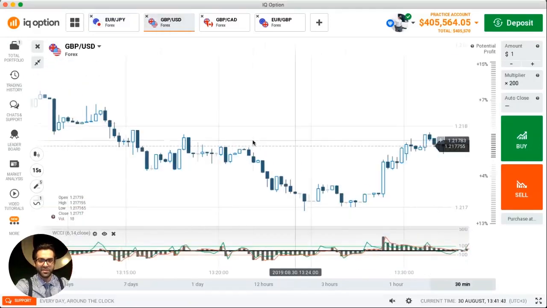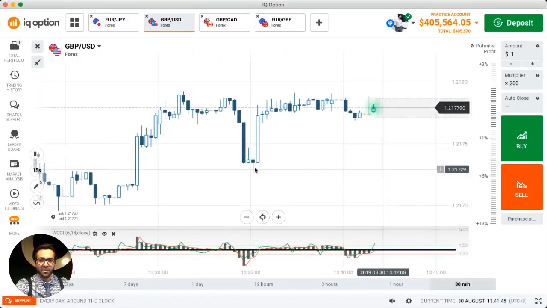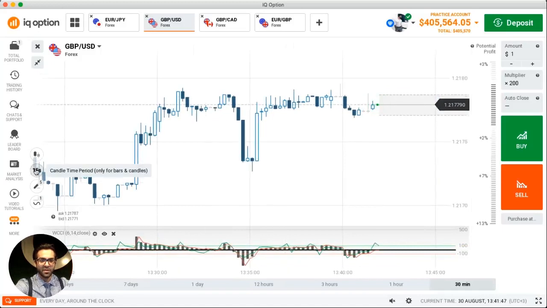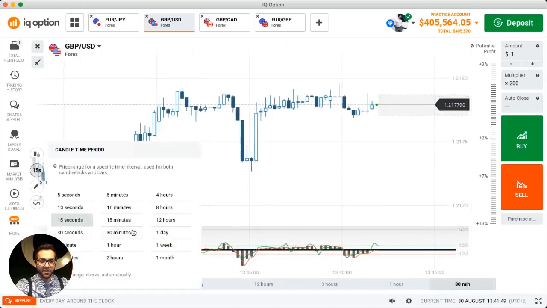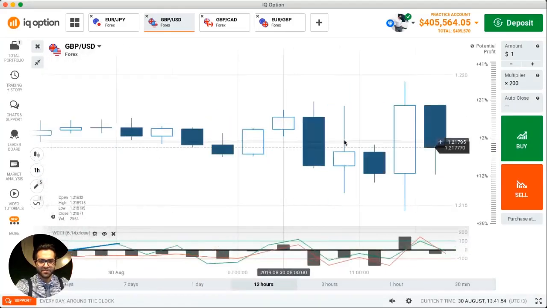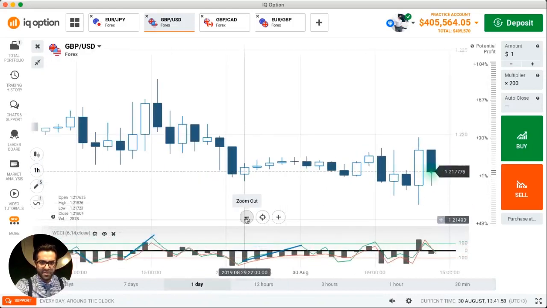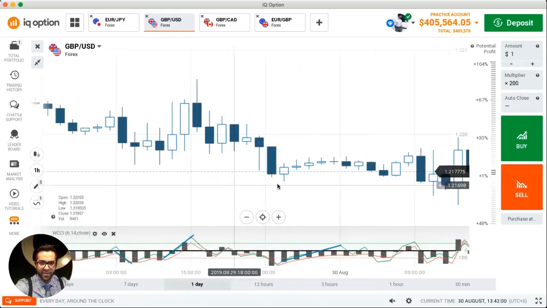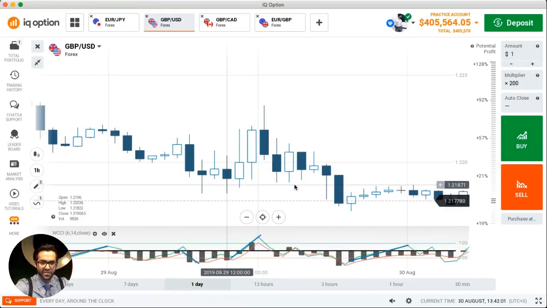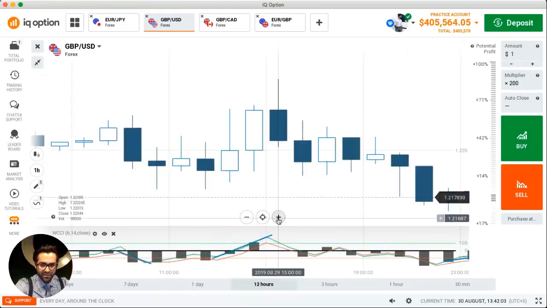The second setup, the Woodies CCI. I'll show you an example of the trend line breakouts and the zero line reject. I believe I was on hour candles before. Yes, the lines have saved correctly. So, trend line breakouts. We have a good example here.